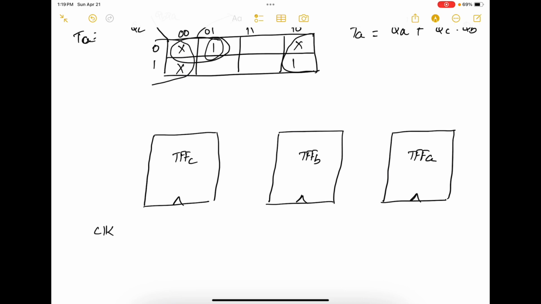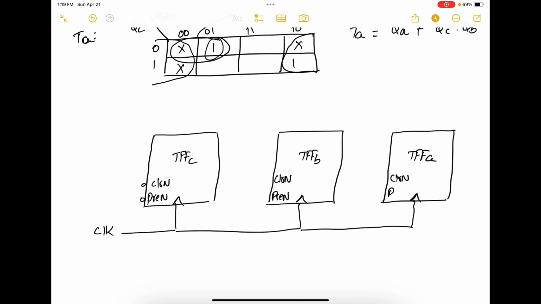So your clock signal goes here, here, and here. Each of them have clear N and pre-N. So clear N, pre-N. Both are active low. Clear N, pre-N, clear N, pre-N. Active low signals or active low inputs.